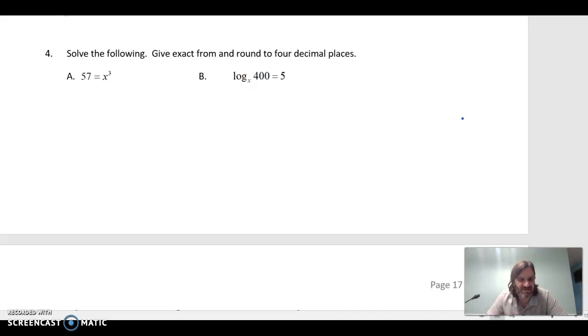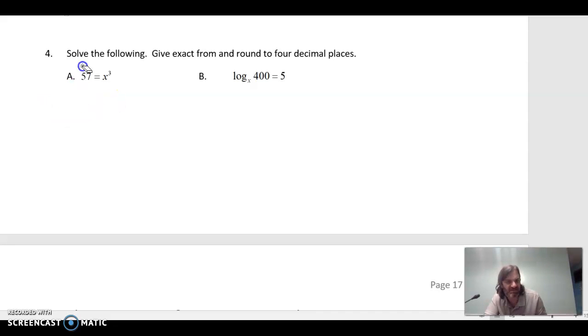It's 57 equals x cubed. This is a little bit different because if you rewrite it in logarithmic form, you get log base x of 57 equals 3, and that's not really helpful because you don't have the x where you can work with it. And the x isn't where you can work with it in the exponential form either.